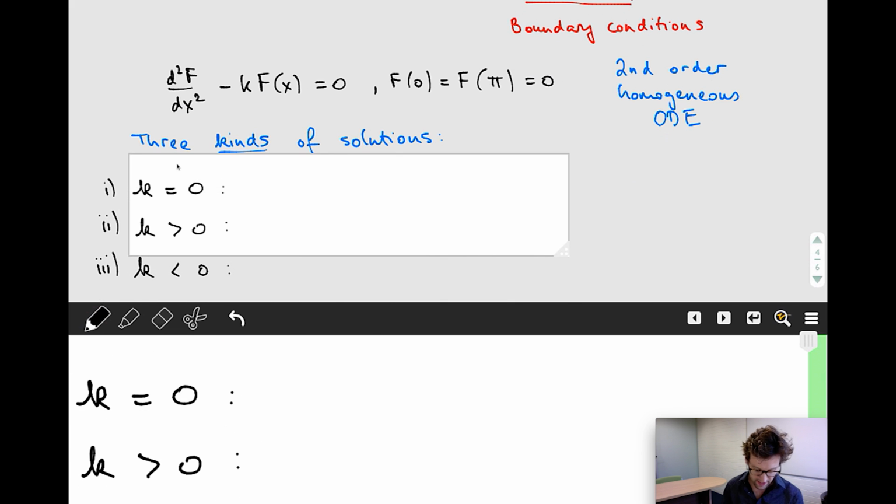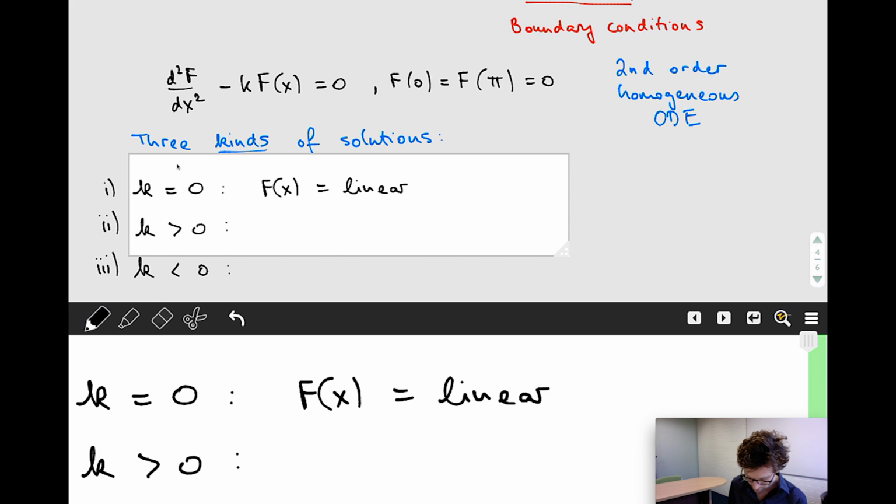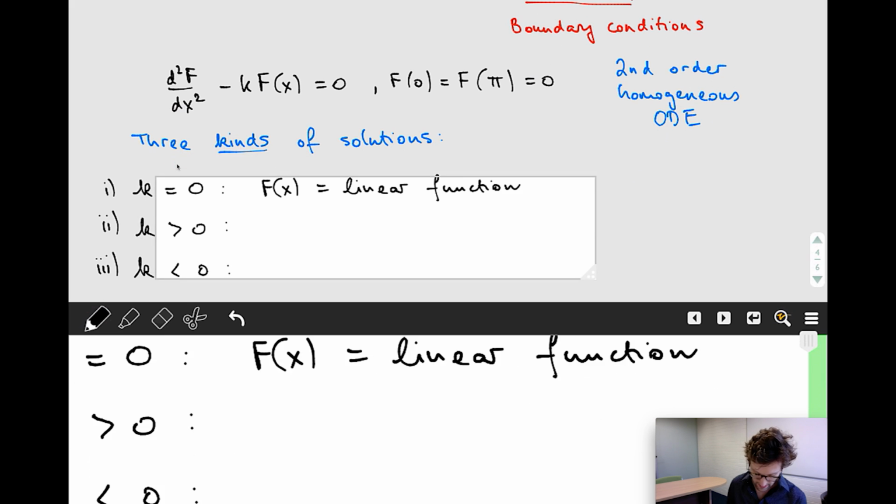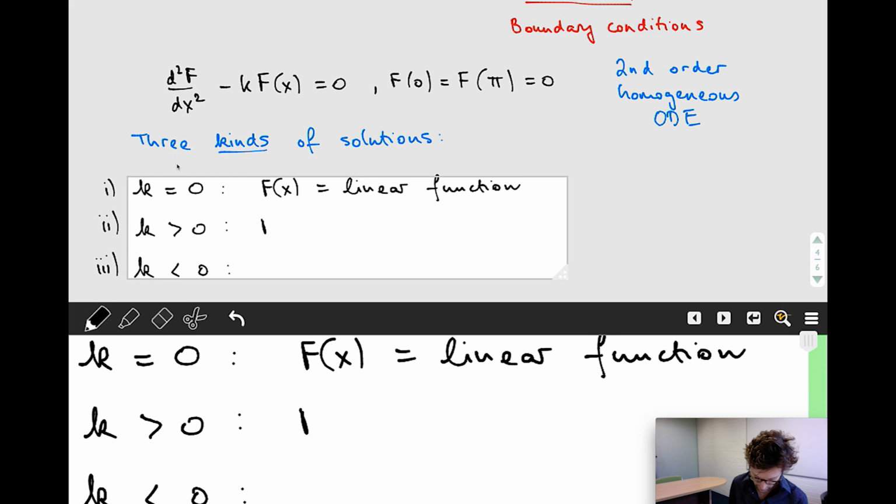And what we're going to see is that the case of k equal to 0 is going to give me f of x equal to a linear function. The case of k positive is going to give me f of x equal to exponentials.